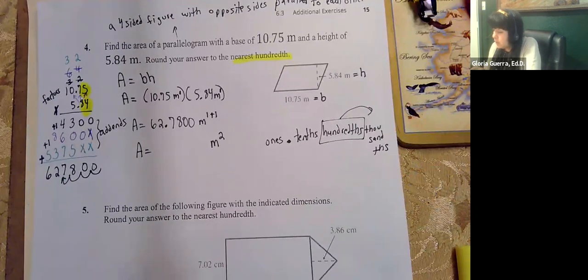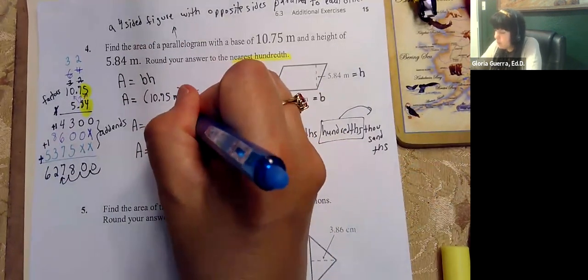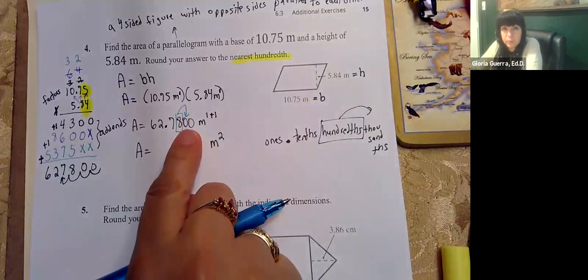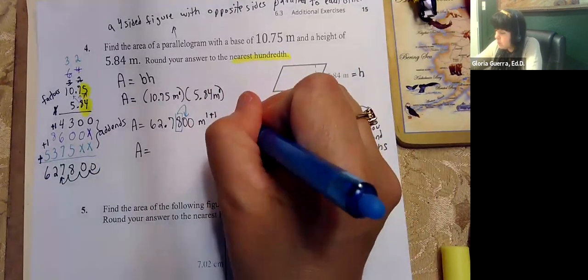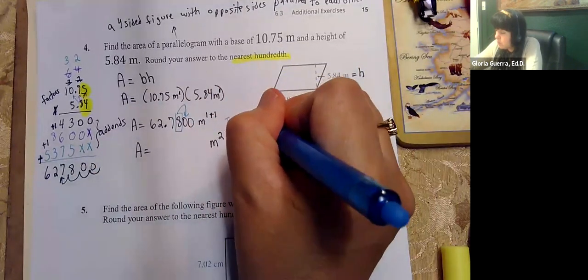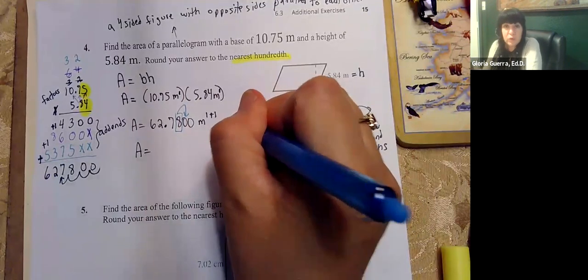So when I look at this, the hundredths is this 8. See, 7 and 8, tenths, hundredths. You look at the number to the right. Is that 5 or more? Nope, that neighbor is 0. So it's not 5 or more. That means the 8 remains. Don't increase it by 1.